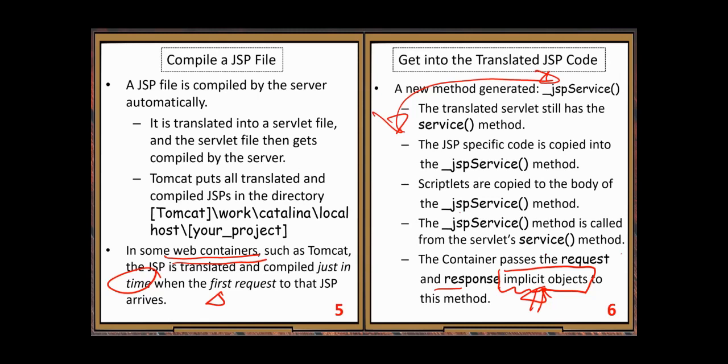We never need to create them ourselves. If we create objects, they are explicit objects. Implicit objects are created in a hidden way by the server, which makes them available for us. We don't need to do anything. We just grab them and use them directly. That's the typical way we use implicit objects.